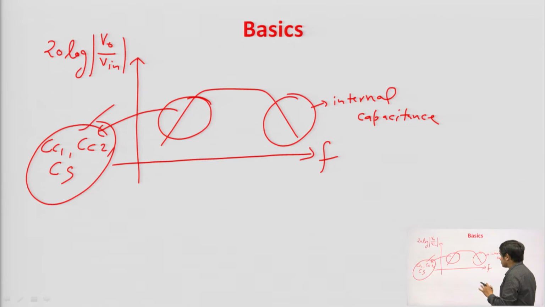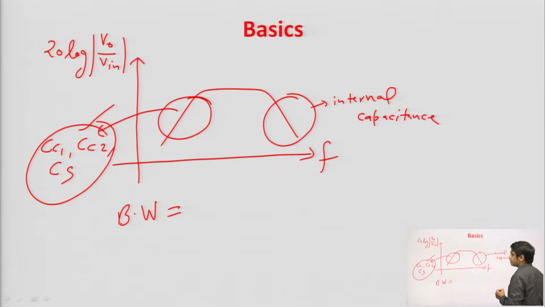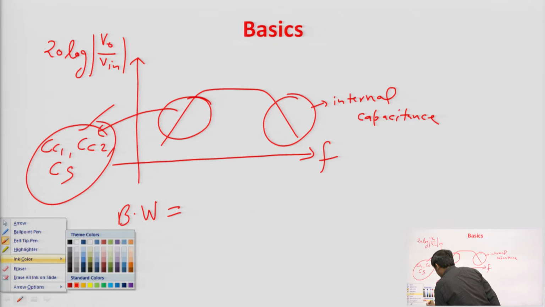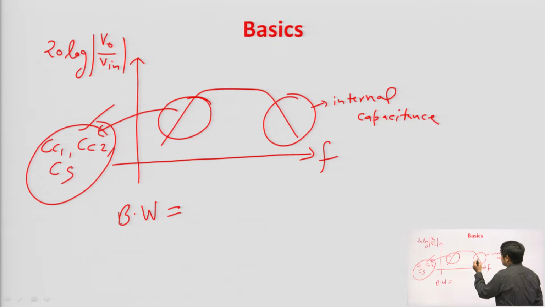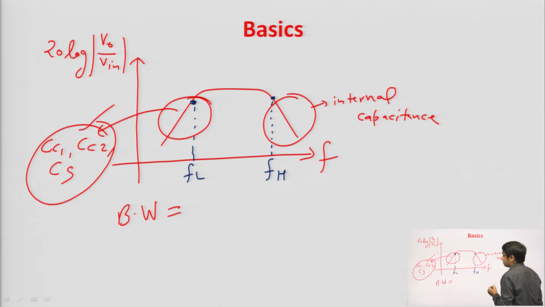Fine. So, what we have to do here? We have to calculate the bandwidth of the common source amplifier. How do we calculate the bandwidth? We find out the upper 3 dB frequency, denoted by FH, and the lower 3 dB frequency, denoted by FL.